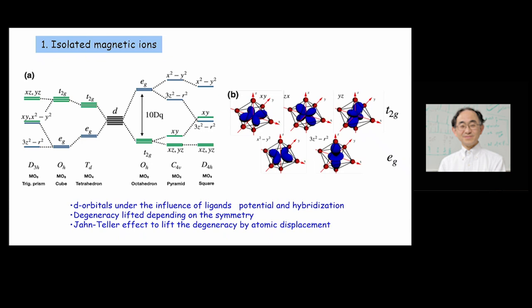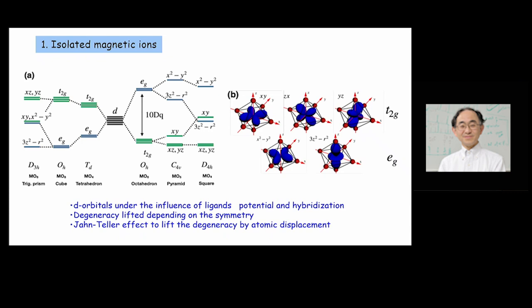Oxygen is usually -2, so it will be repulsive for the electrons living on this magnetic ion, right? So once you have eg orbitals, which mostly point towards the oxygen, then there will be a repulsive interaction. So that's why the energy is shifted up compared with the t2g 3-fold degenerate level, right?